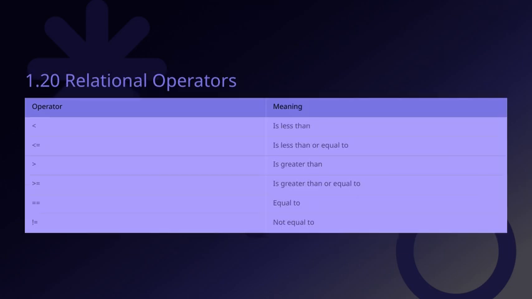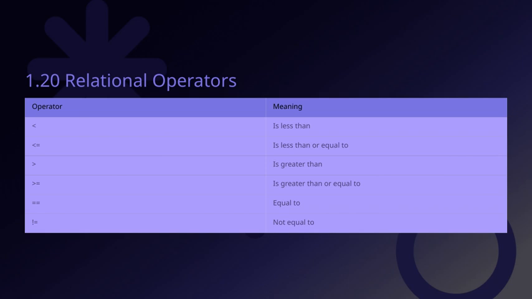All right, let's take a closer look at some common relational operators that you'll frequently encounter in programming. These operators are fundamental because they allow us to compare values and make decisions based on those comparisons. First up is the less than operator, which is represented by the less than symbol. When we use this, we're checking if one value is smaller than another.